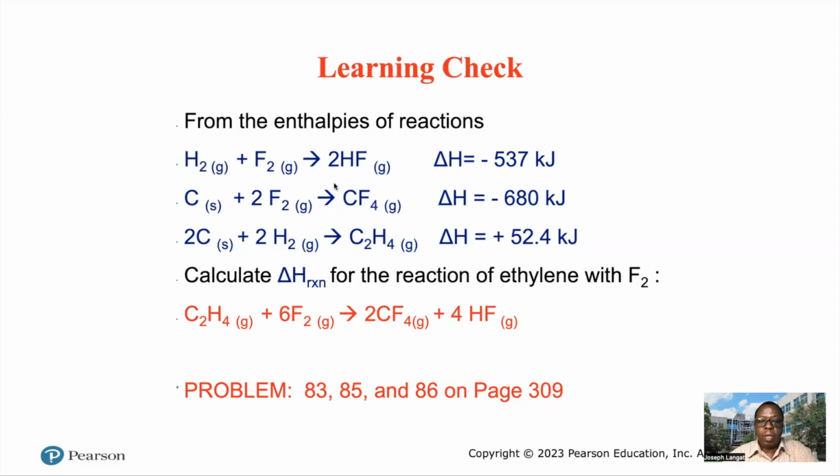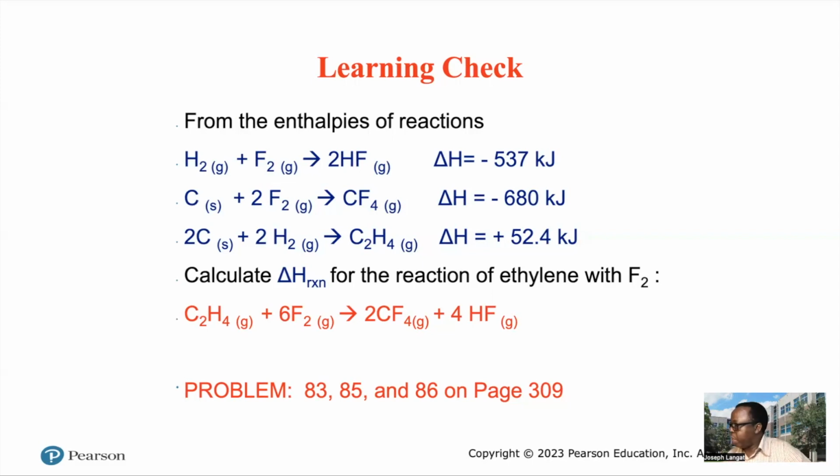And if I look at hydrogen fluoride here, we have 4 on the product side, and here we have 2, which means we need to multiply equation 1 by 2. If we multiply by 2, this will be 4 HF.